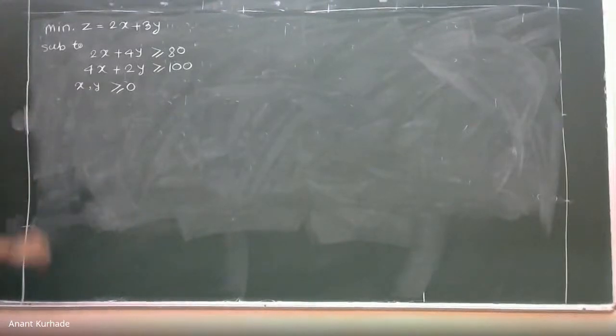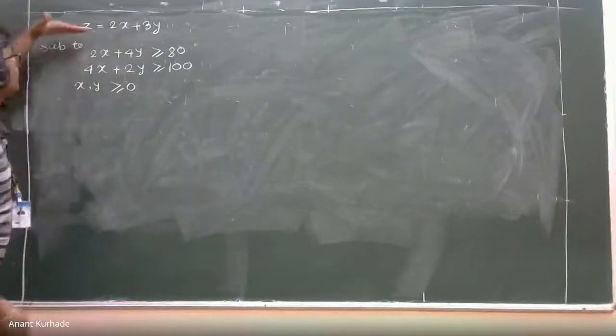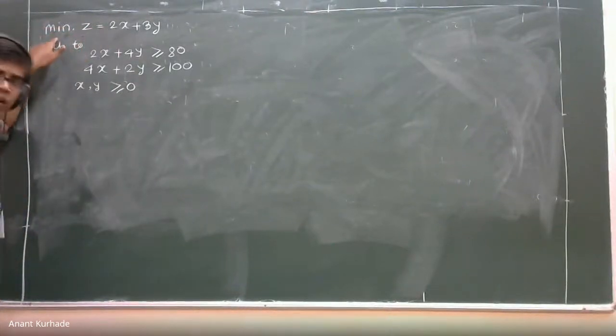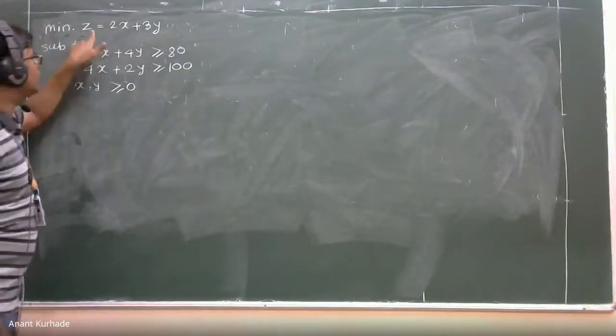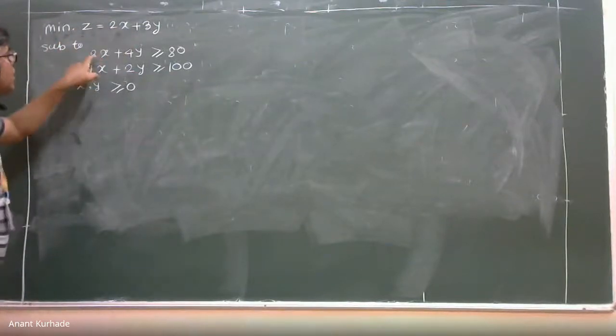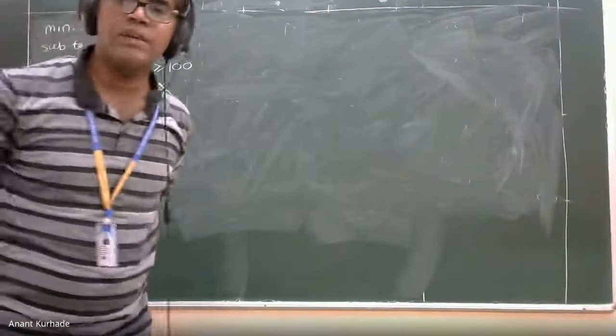Now, what is our first step? Please try to understand this problem. It is with the objective function to minimize, so always think about loss here, and how to minimize the loss. We have the objective function z is equal to 2x plus 3y, and we have these constraints.